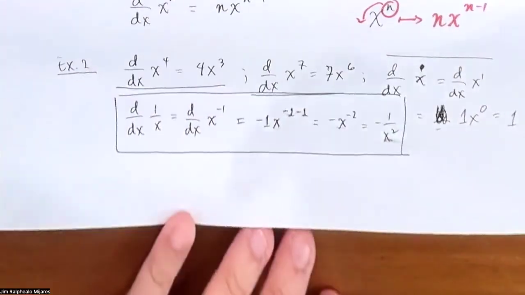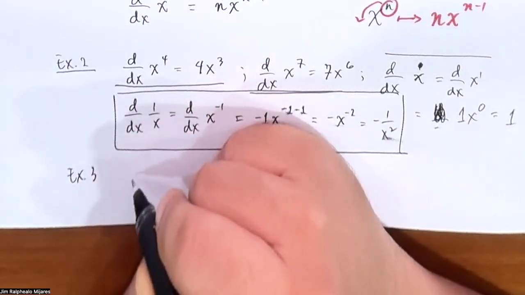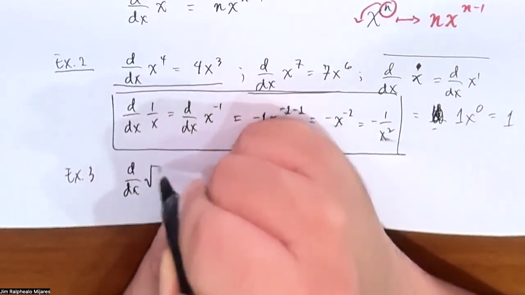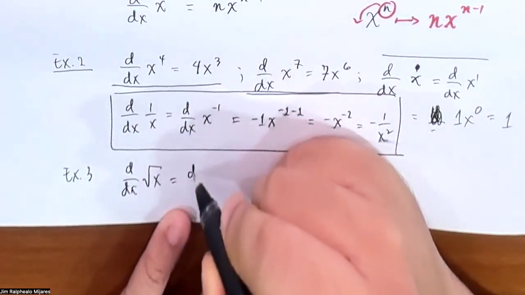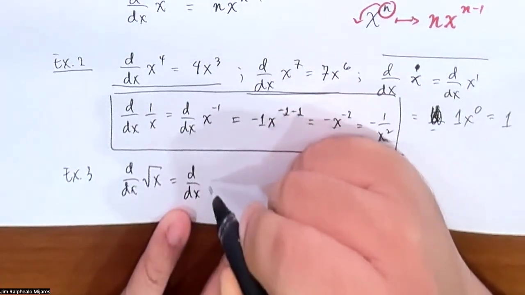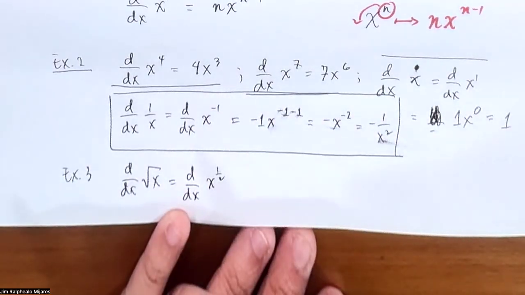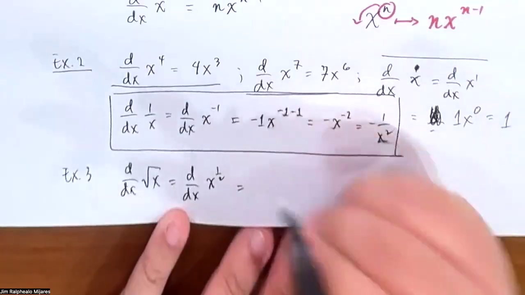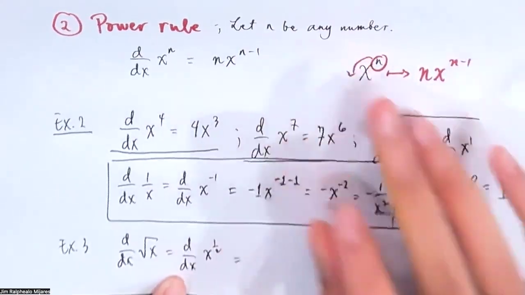How about this? How about the derivative of, say, square root of x? Now, it may seem unobvious, but we can rewrite this as the derivative of x to the 1/2. Then, of course, we do the power rule again. Because again, n can be any number.